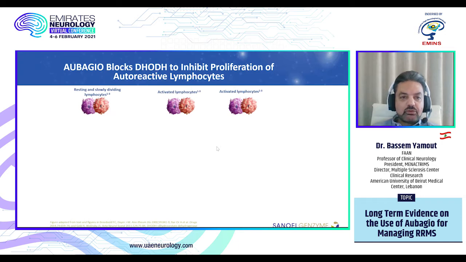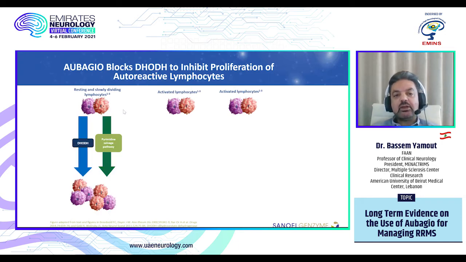So the mechanism of action, as you know, the regularly dividing lymphocyte in a normal state usually uses the pyrimidine salvage pathway to synthesize its own DNA. The dihydroorotate dehydrogenase enzyme carries a second, parallel pathway, which is not used at rest.